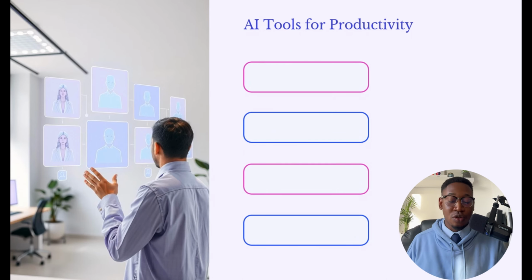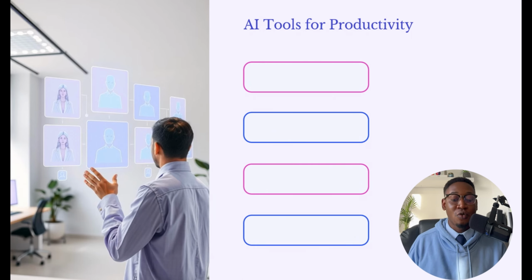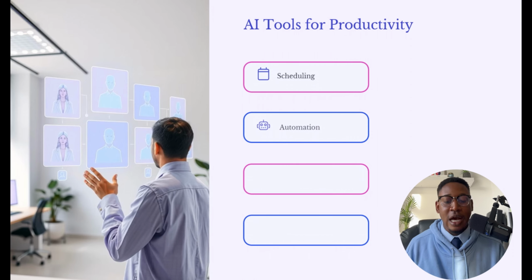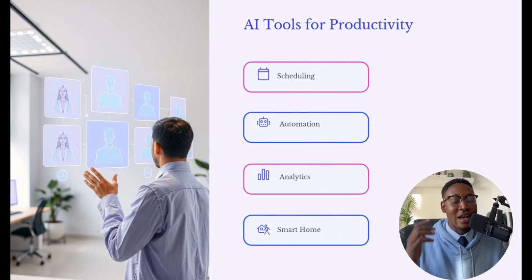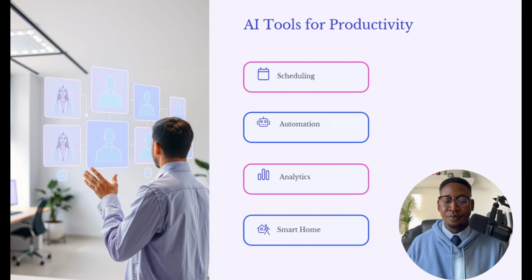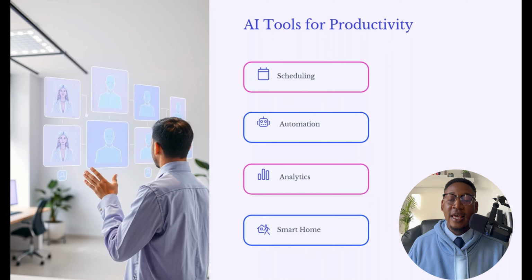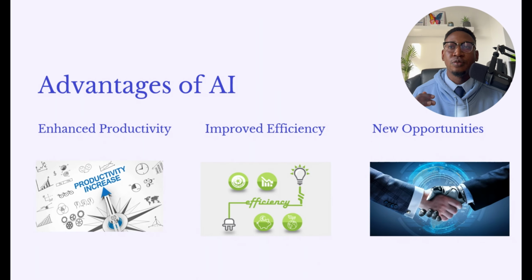So AI tools for productivity, we have quite a lot, which will be mentioned in the bonus section. You must not miss it. We can use AI to schedule our tasks, for automation, analytics, and smart homes. So AI is beautiful. AI is here to make our life easier, so we need to take advantage. Advantages of AI: it enhances productivity.